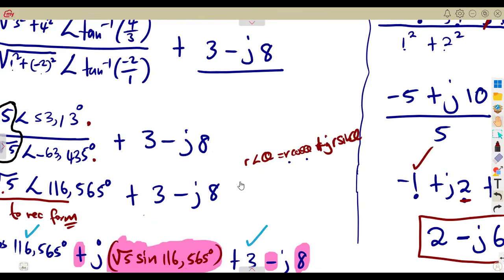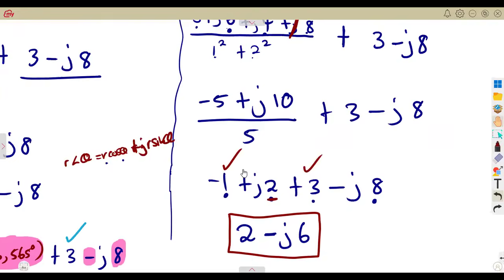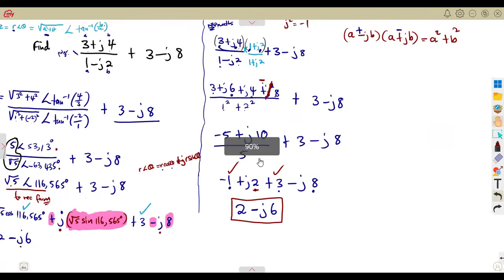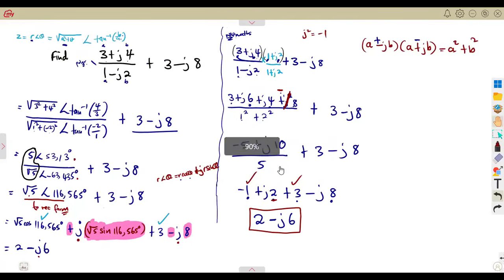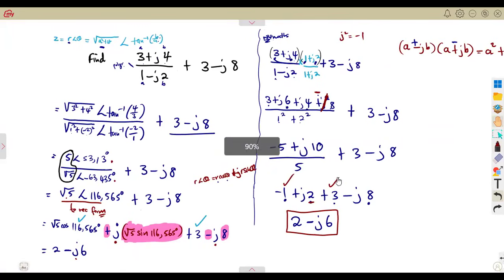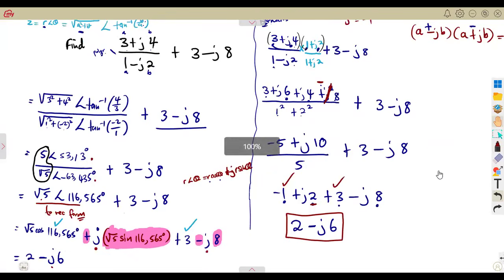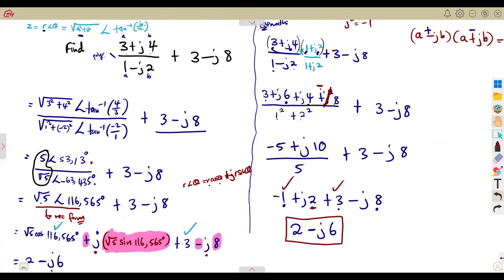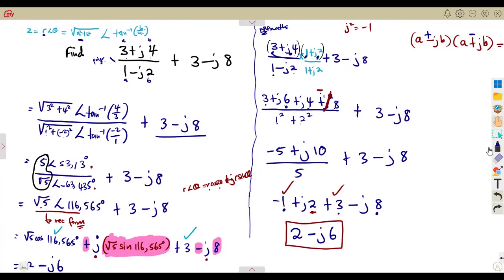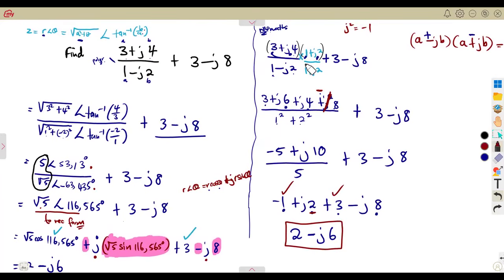But look, simplification, they differ. There, we just had to convert to the normal way that we are used to in terms of the division, convert to the normal way that we are used to in terms of addition, which is supposed to be both in rectangular form. But with our normal mathematics way that we are used, or any way that you want, you can apply the complex conjugate.